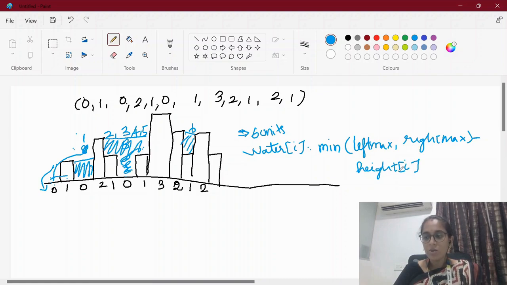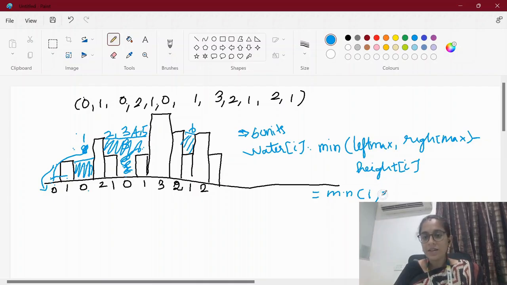Okay, so considering this position, 1 unit of water is stored, right? How we calculated it is, we take the minimum of left max and right max. The left maximum position we have is 1, the right maximum position we have is 3.